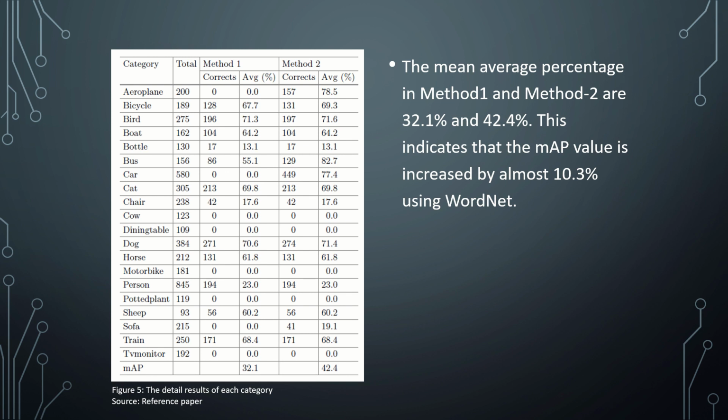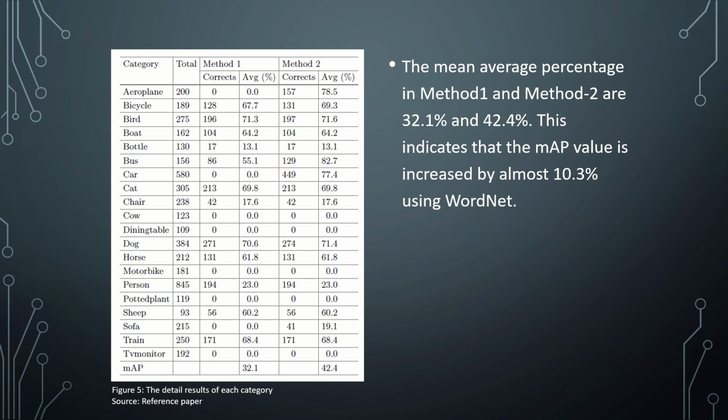So the major reason for this is that the average precision of aeroplane, car, and sofa are all 0% in method 1, and after we apply the WordNet, they are 78.5 percent, 77.4 percent, and 19.1 percent respectively. So it might be necessary for a researcher or practitioner to apply the WordNet if we want to improve the accuracy. And there are some limitations.